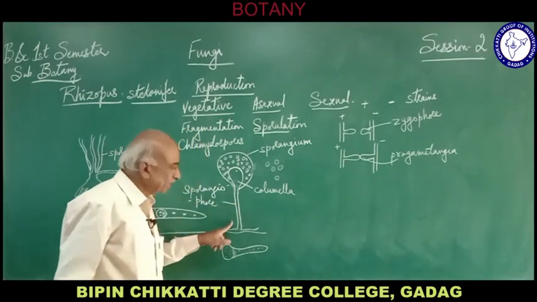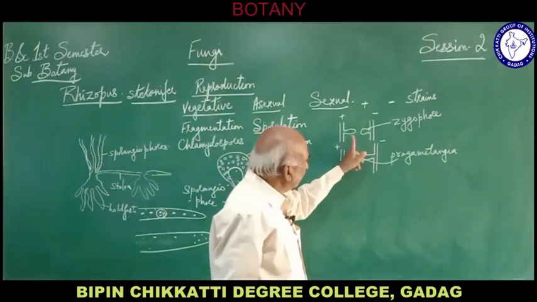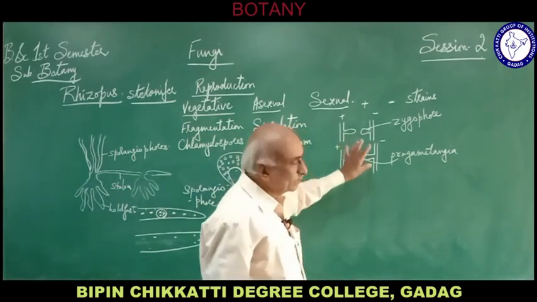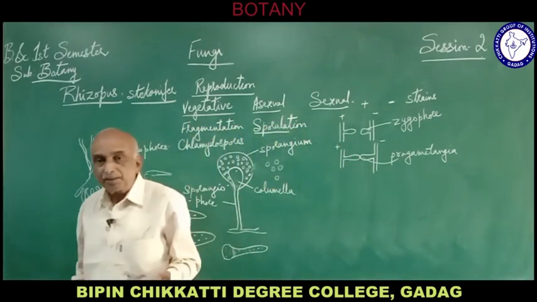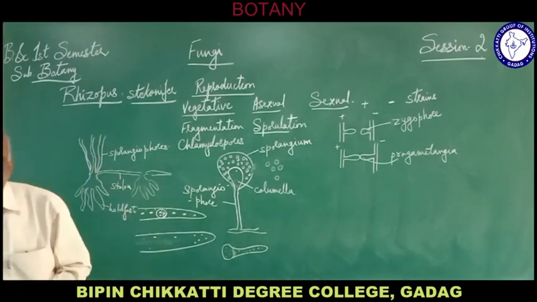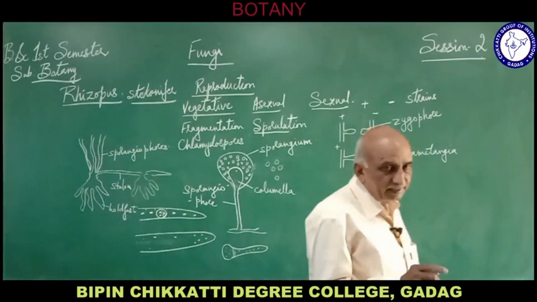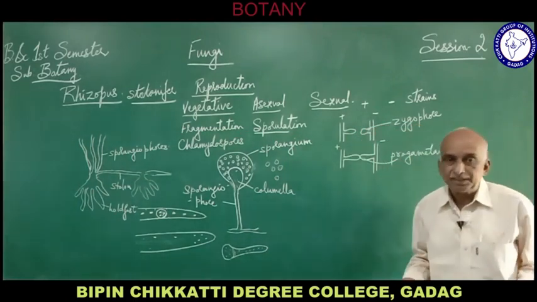As there is a sporangiophore, these are called the zygophores. The zygophore produces progametangia which come in contact with each other. Only the progametangia of plus type and minus type come in contact with each other.